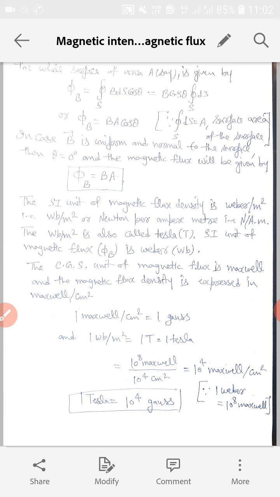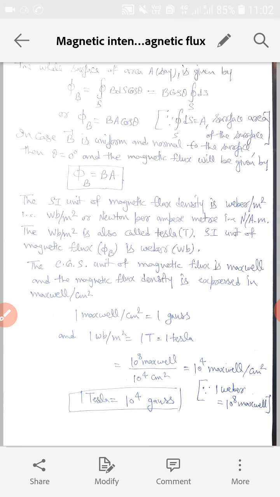Maxwell is a famous scientist, and so is Tesla. The relation between units: 1 Weber per meter square is also known as Tesla, which we have already discussed here.